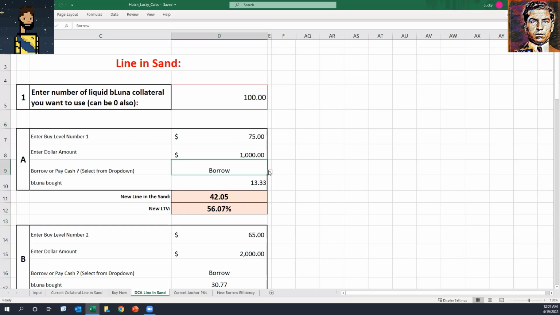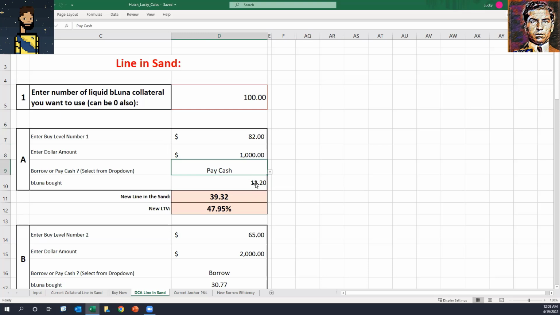Let's kick it up a little bit because Luna's at 88 right now. I know at 87 and 82 there were stall periods. Let's say we were willing to buy again at 82 because we didn't buy as much on the way down. So put in $82. And let's say we got some cash because maybe you had already borrowed and it's sitting in Earn.